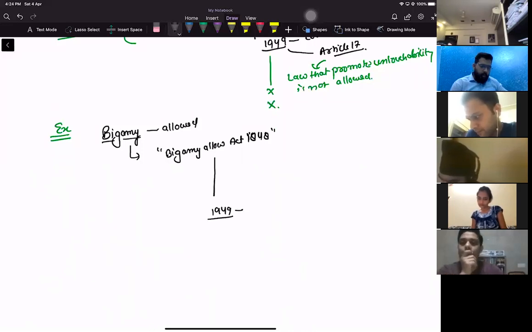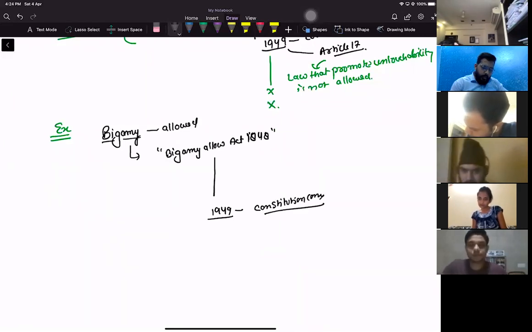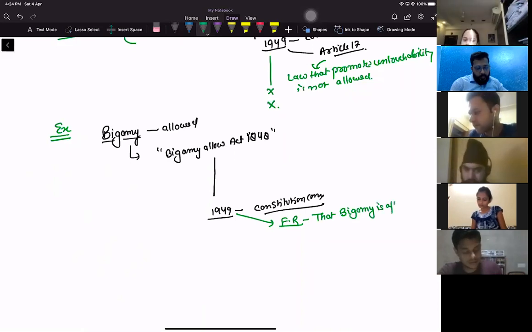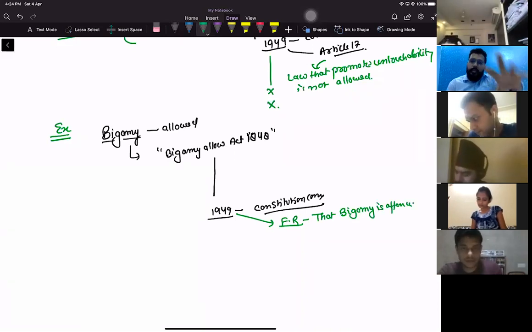और 1949 में constitution came, and suppose the constitution has a fundamental right that bigamy is an offense.